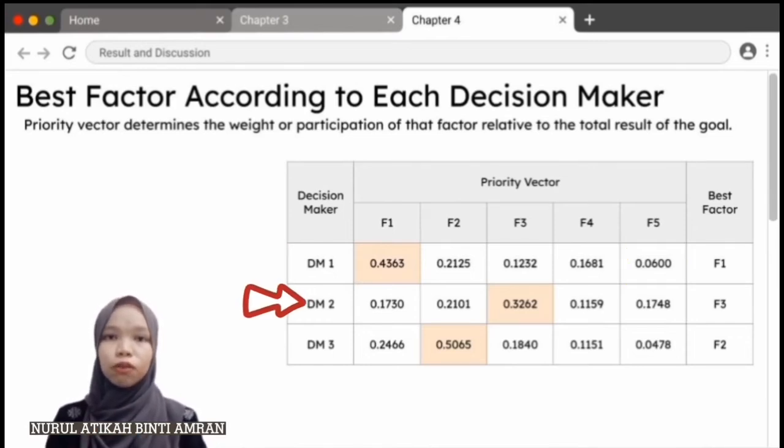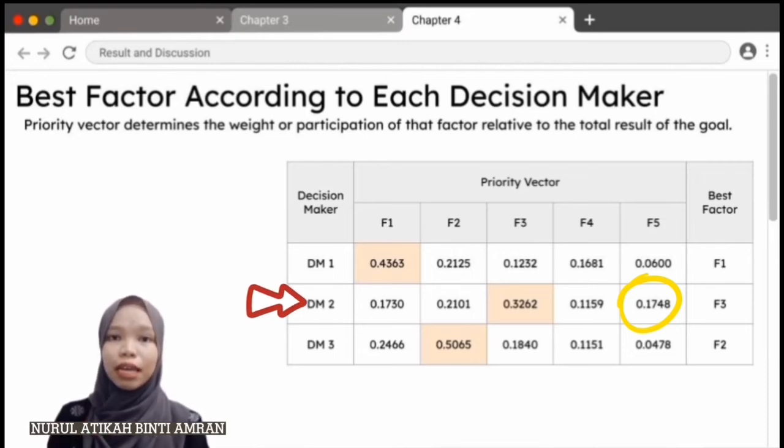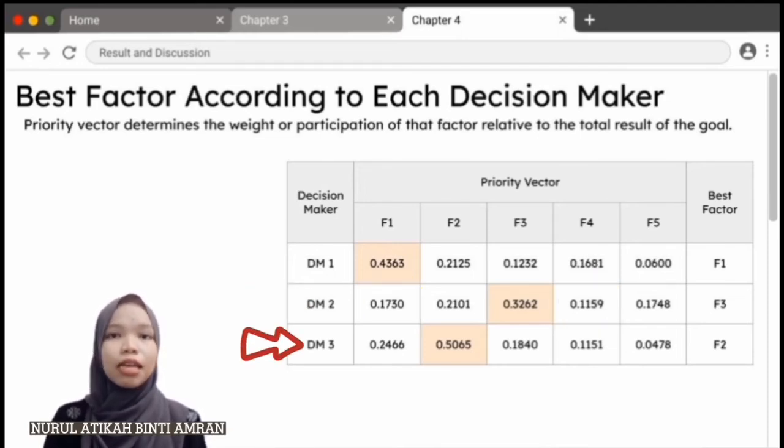According to decision maker 2, the best factor is F3, which is 32.62%, F2, 21.02%, F5, 17.48%, F1, 17.3%, and the least important F4, 11.59%. Decision maker 3 states that F2 is the best factor with 50.65%, followed by F1, 24.66%, F3, 18.4%, F4, 11.51%, and F5, 4.78%.